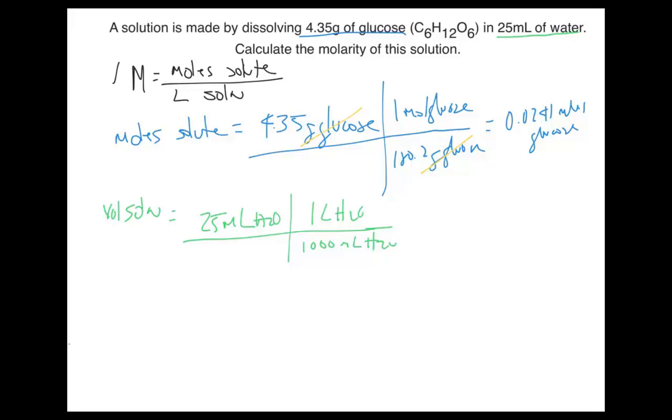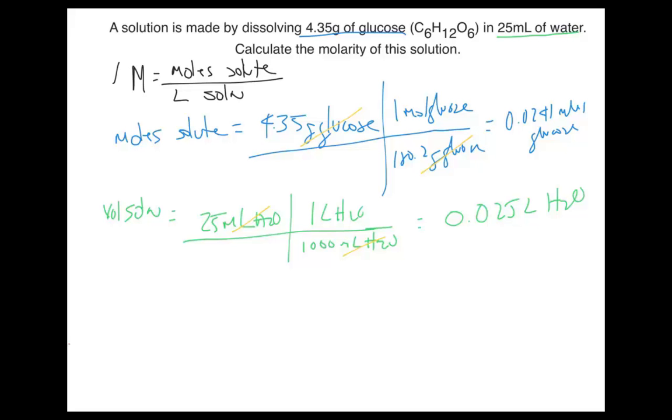This is a conversion factor. And now we can cancel the units of the mL of H2O, and this will be equal to 0.025 liters of H2O. That is the volume of the solution.